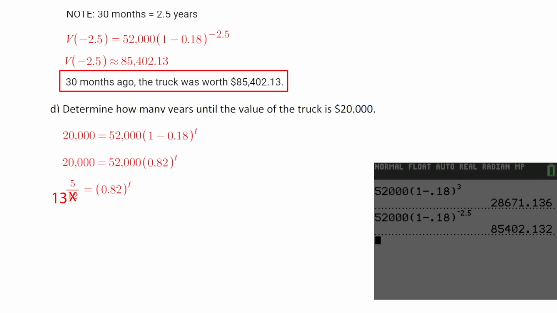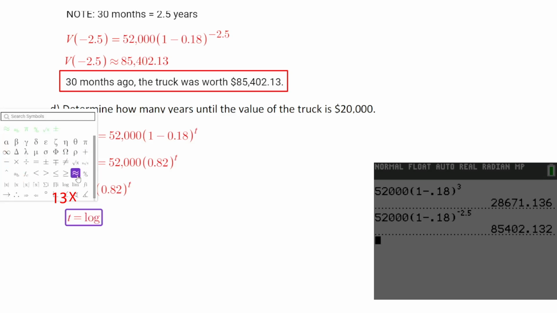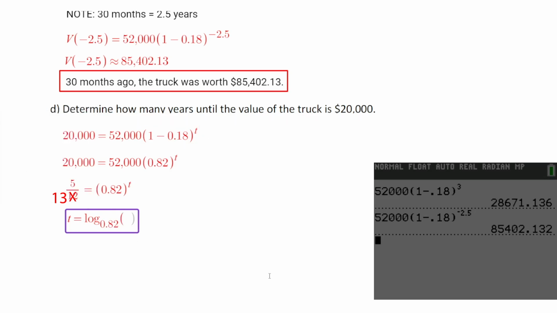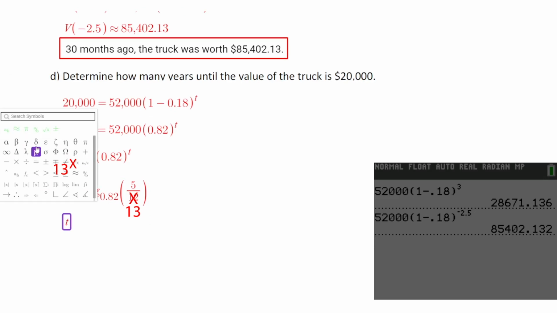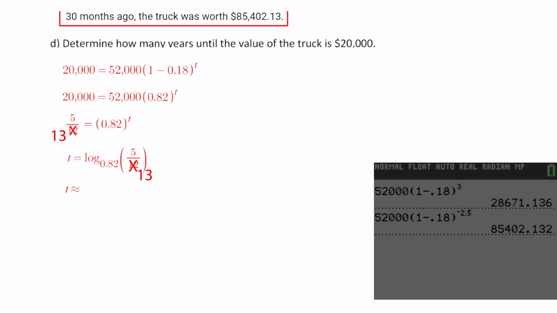So let's go ahead and rewrite this as a logarithmic equation so that we can actually solve for t here. t is going to be equal to log base, the same base as the exponent here, 0.82, of that fraction, 5/12. So, once again, we're going to approximate this. This is going to be an irrational number, so we're going to say t is approximately, and let's go ahead and type that in our calculator.